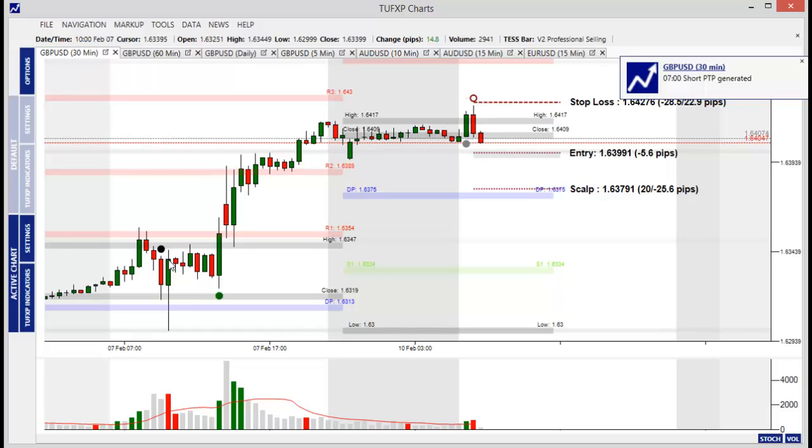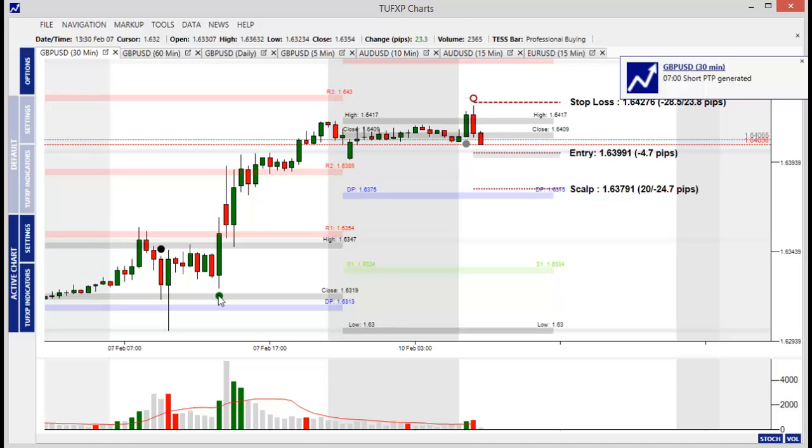So fast moving news brings in a signal and then reverses and stops it out, which we had on the Thursday as well. Late on in the afternoon, we had the signal at 1:30 after the news, and then the market just moved steadily to the upside.